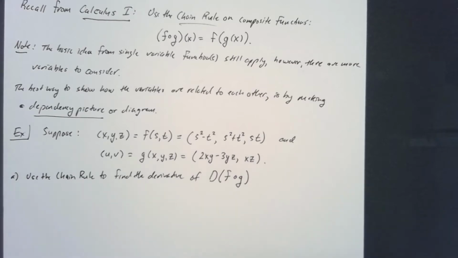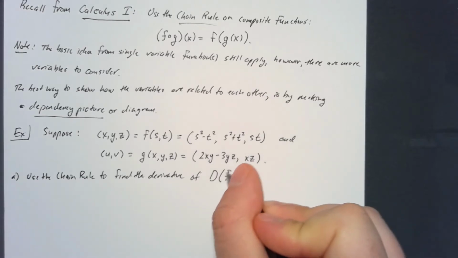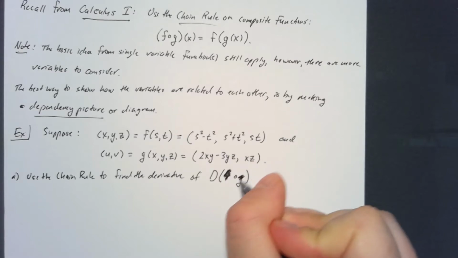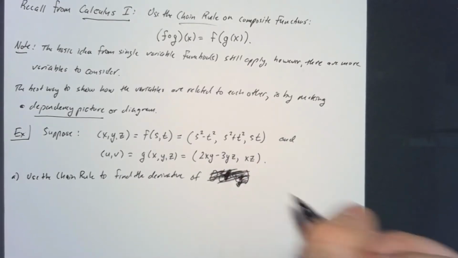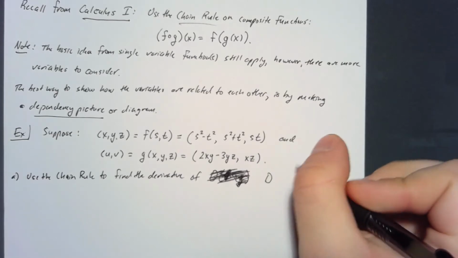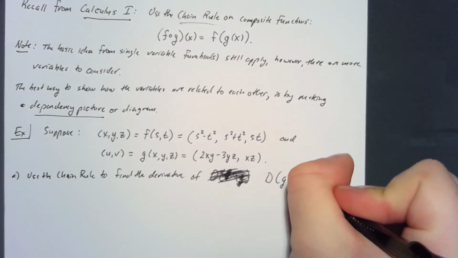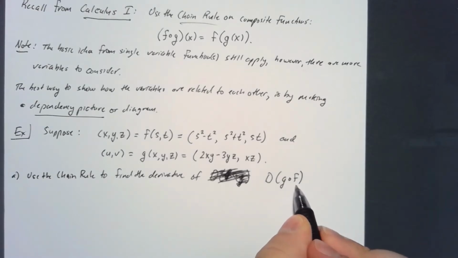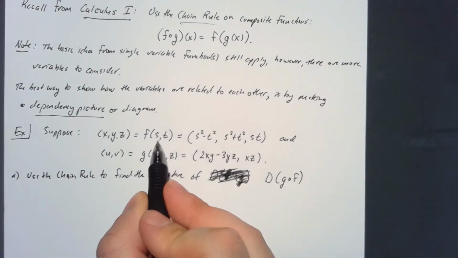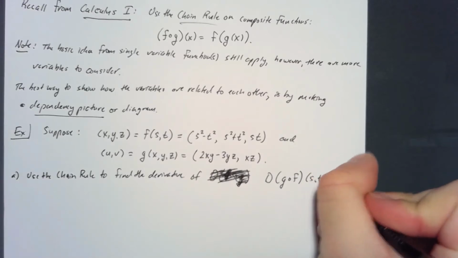I'm sorry. Let me switch these around. Sorry about that. It's the derivative of g composed of f. And since f is the inner function, the variables are s and t.